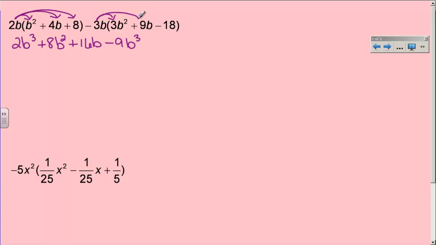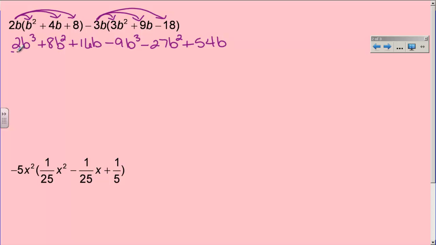Then negative 3b times positive 9b is negative 27b squared. And then negative 3b times negative 18 is positive... Yes, y'all busted me. I had to whip out the old calculator. It becomes positive 54b.